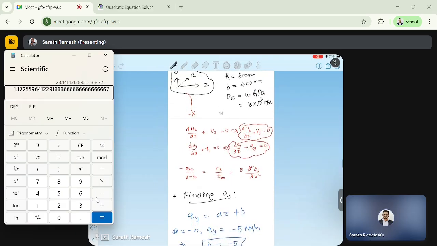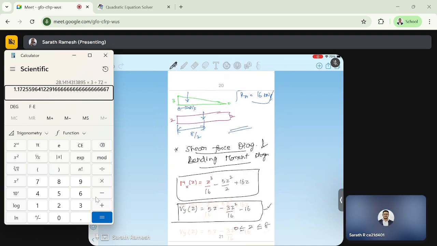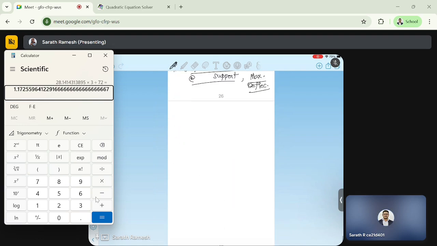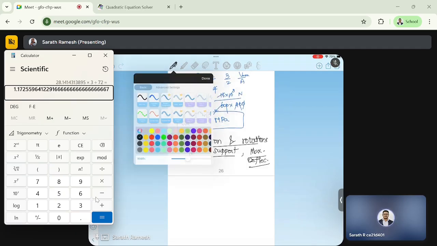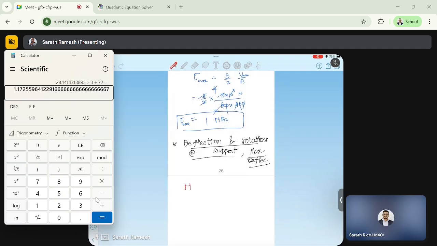Okay, this bending equation, when I substitute here, instead of M, I can write EI into d square y by dx square. So that is Mx equal to EI xx d square delta y by dz square.